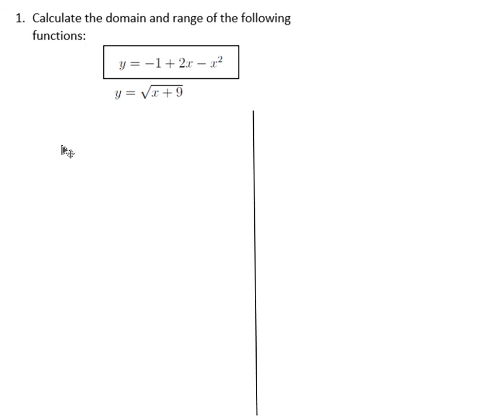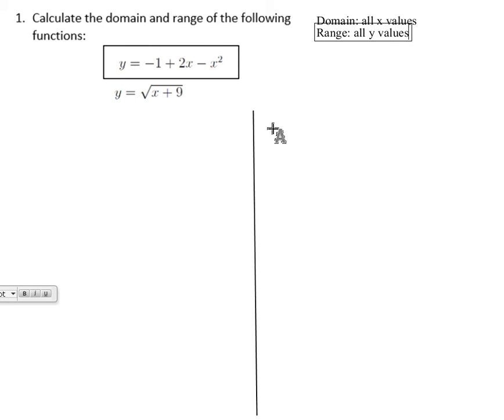So remember that the domain, that's way too big, we'll cut it down to 24. The domain is all x values and the range is all y values.